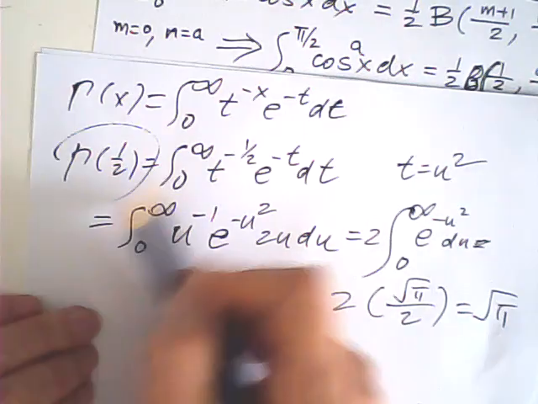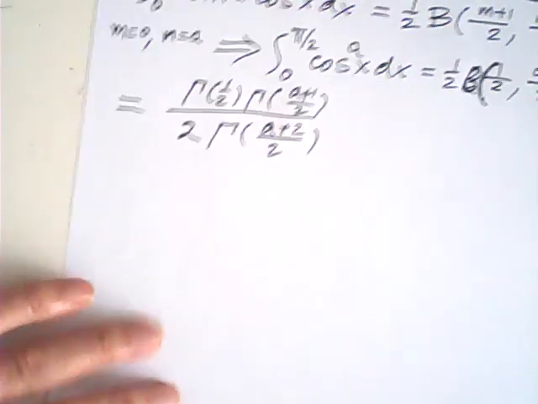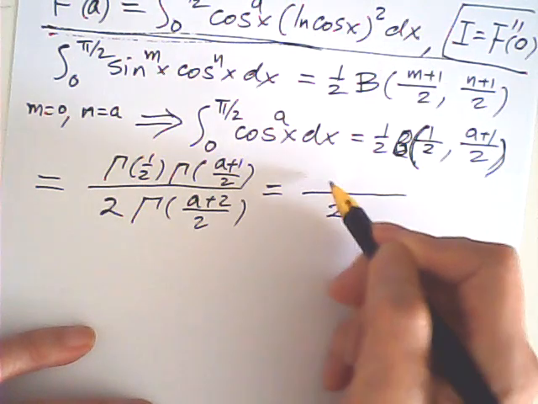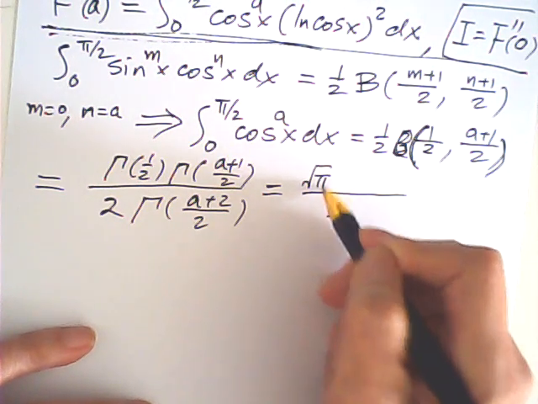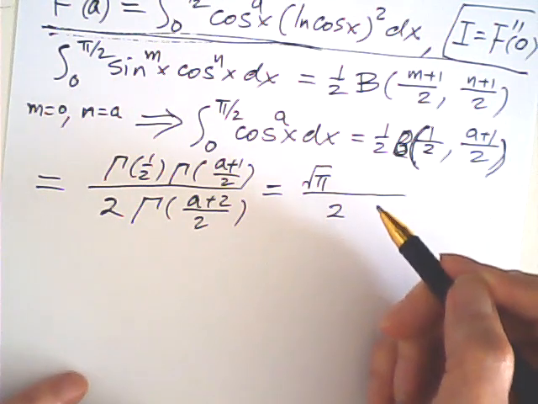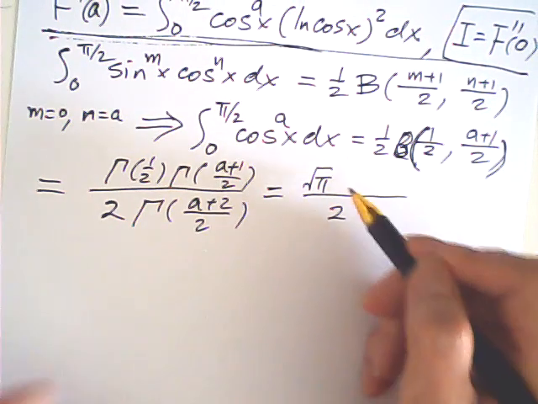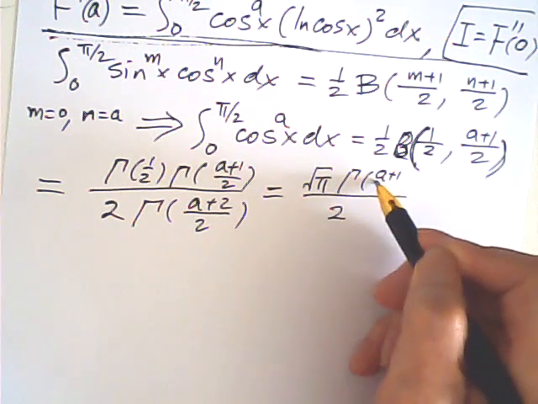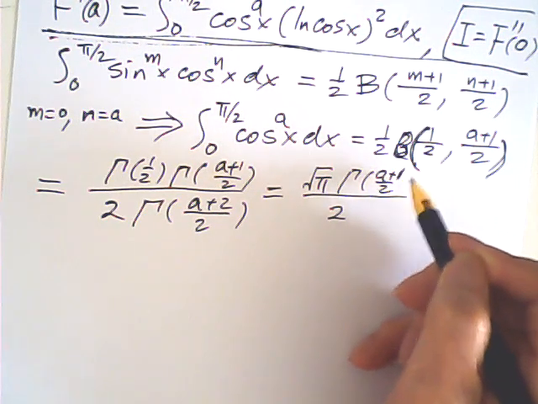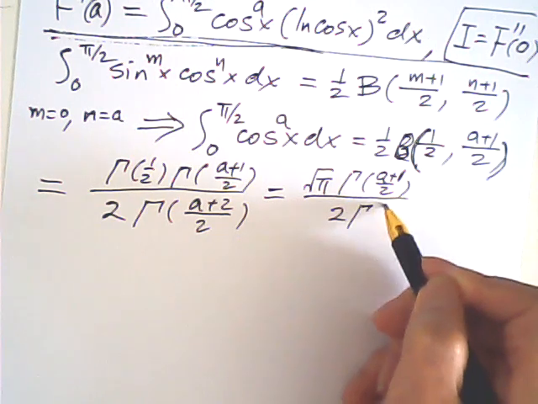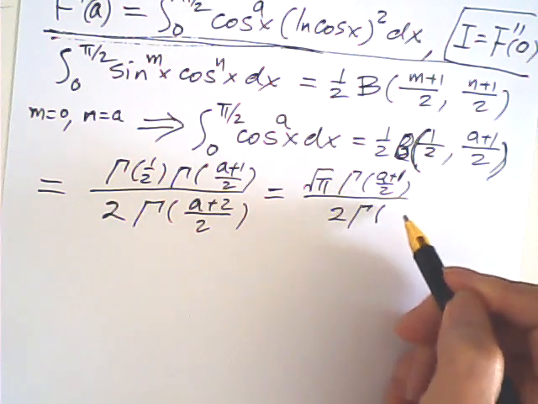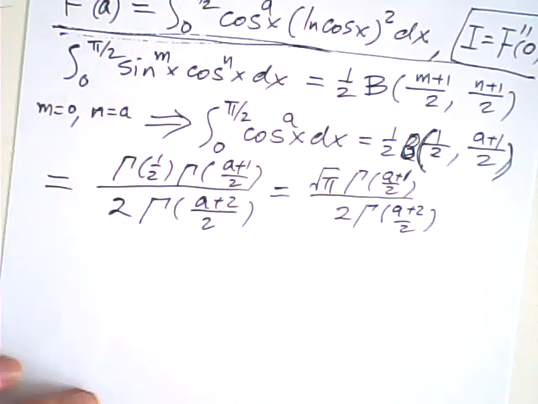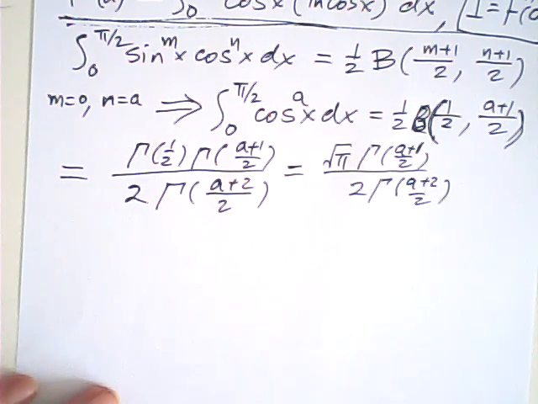So my gamma half is root pi. So this is equal to 2 root pi... times gamma of a plus 1 over 2 over gamma of a plus 2 over 2. Very good.